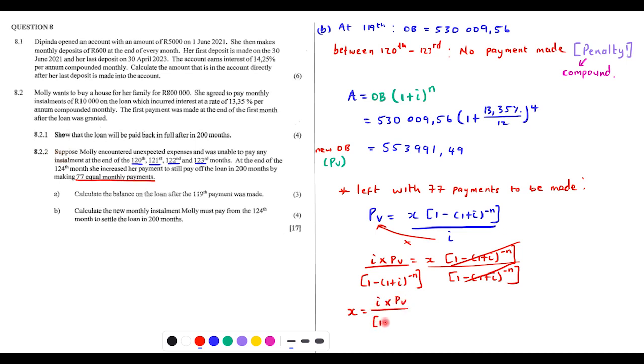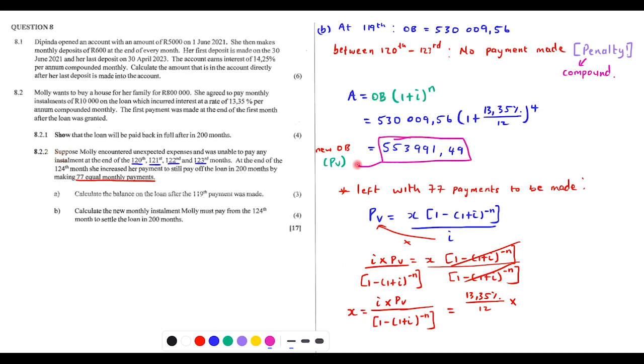Now the present value here, when you substitute, you gotta be careful. With 13.35%, the present value now is no longer 800,000, it is that amount. This is PV. Remember, it's your new present value now, your new outstanding balance, right?